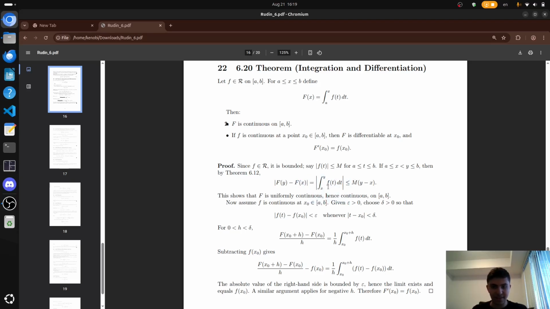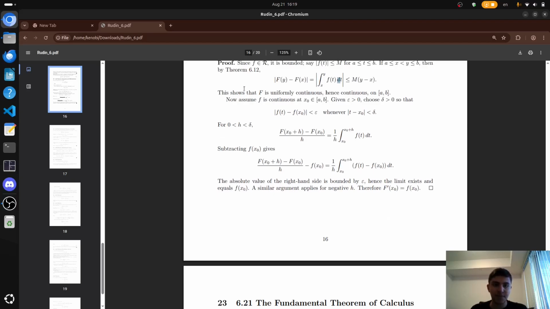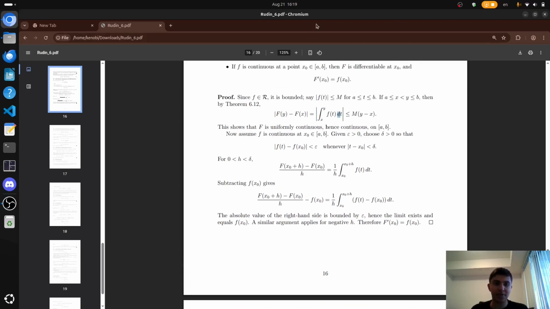And this thing over here is less than or equal to M because |f(t)| is always less than or equal to M, and the dt's accumulated together will give you y minus x. So it's less than or equal to M times (y minus x). This shows that F is uniformly continuous, hence continuous on [a,b].